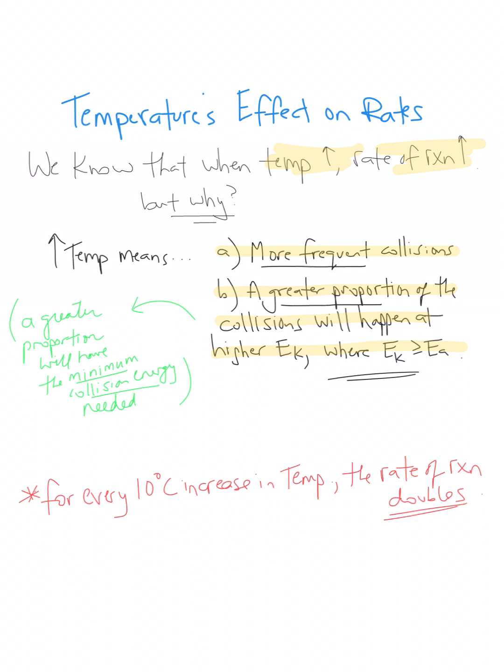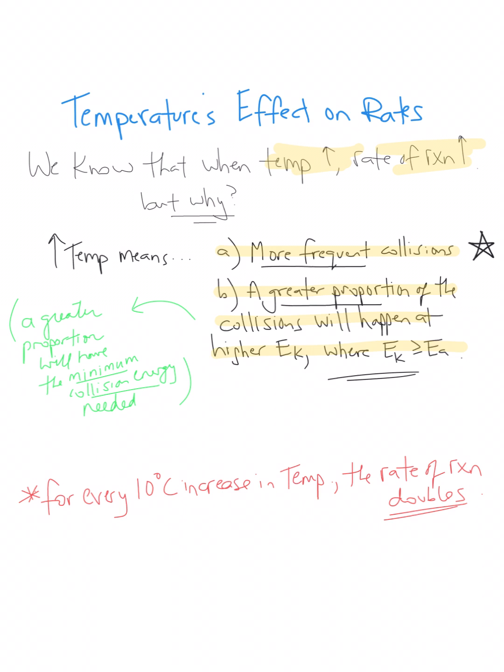So if you have a sample of reactant molecules in a vessel and you increase the temperature, on average you are increasing how fast they're all moving around. And if they're moving around faster, they're going to run into one another more frequently. So that's going to make a greater likelihood of having successful collisions because there's more frequent collisions.